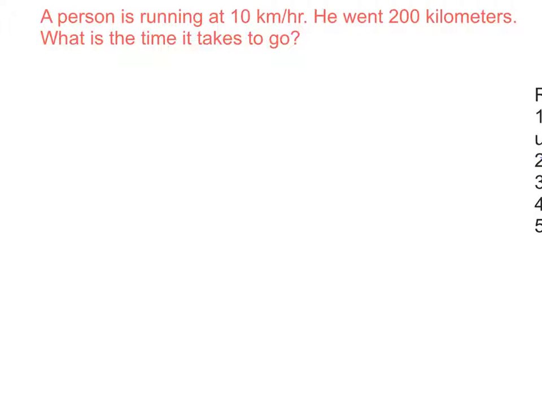So again, I'm going to follow all my steps, but to save space, I'm going to put my side steps on the side so I have space to write. So I'm going to first collect my numbers. My first number is 10 kilometers per hour. So I'm going to write 10 kilometers per hour equals, and then my other number is 200 kilometers.